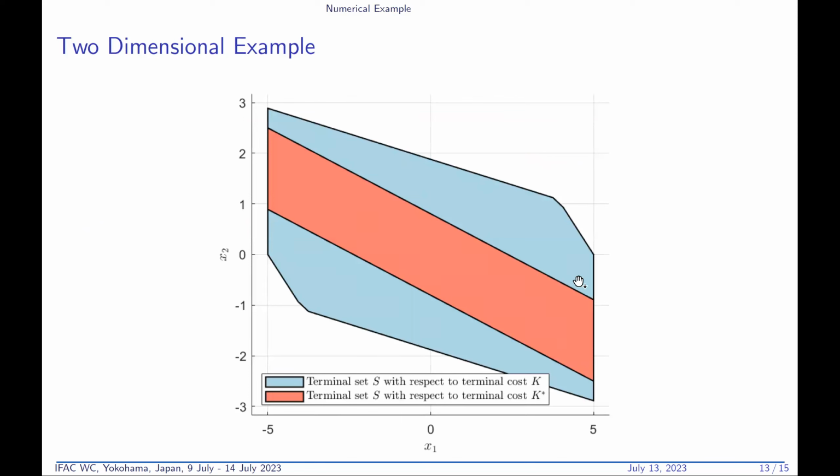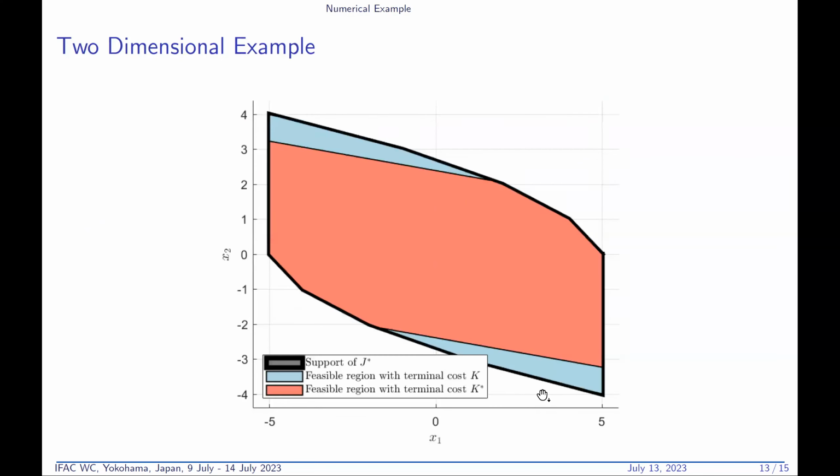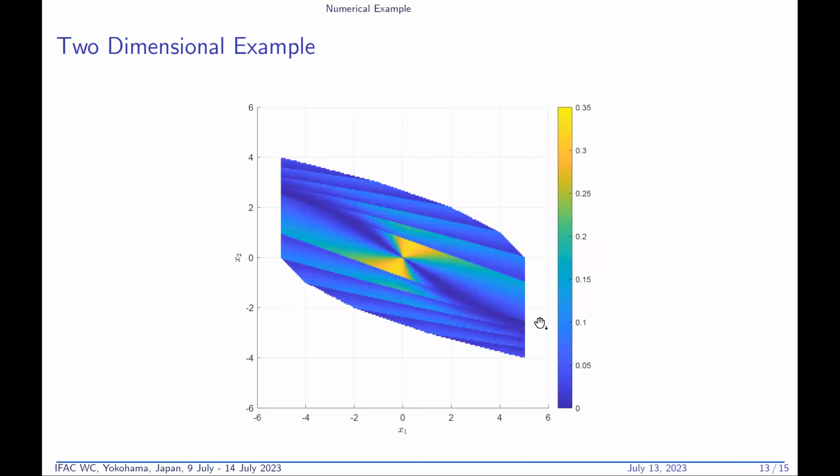For the terminal constraint, we can see that for the newly designed terminal cost, the respective terminal constraint set is much larger than the terminal constraint set associated with the optimal cost. And accordingly, the feasible region of MPC is larger, as indicated in this figure, which is almost identical to the support of J star, the maximum reachable set.